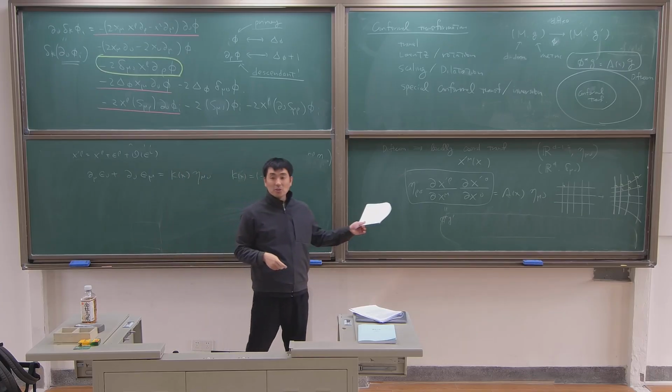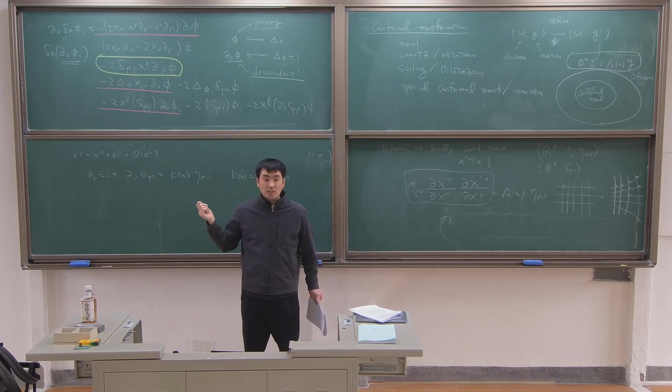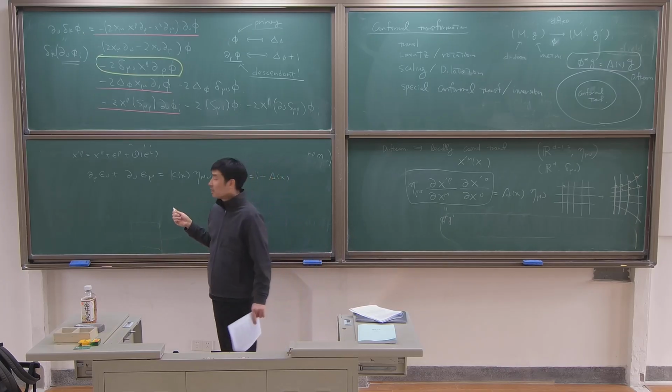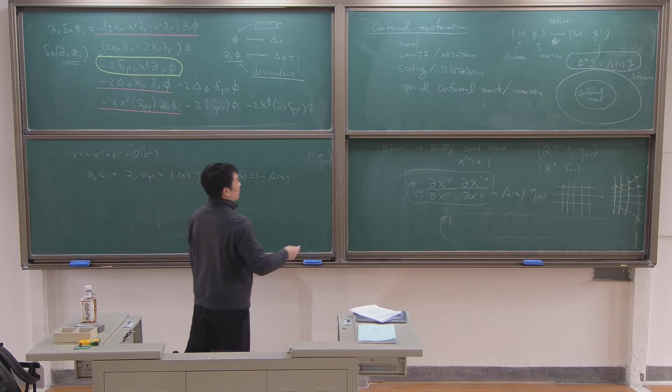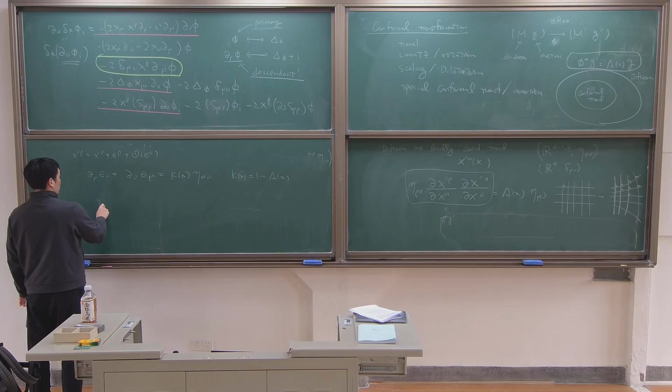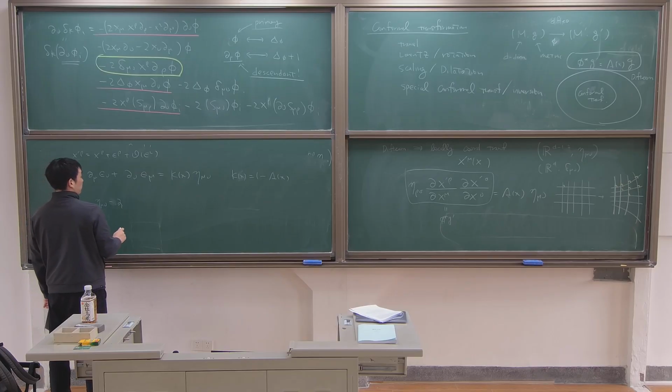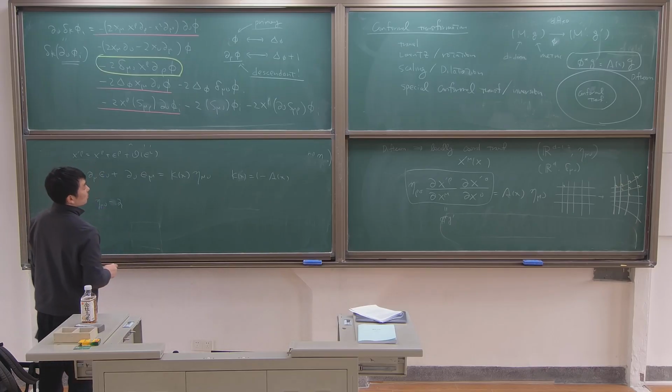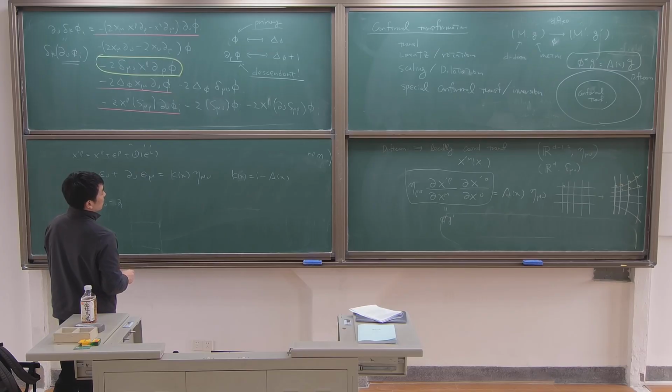Does anybody want to derive this one, or is it easy to see? Plugging it in, what you get is eta mu nu plus partial mu epsilon nu plus partial nu epsilon mu equals lambda of x eta mu nu.